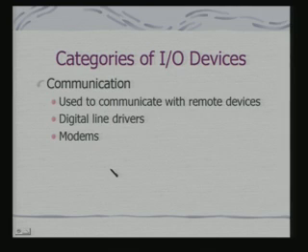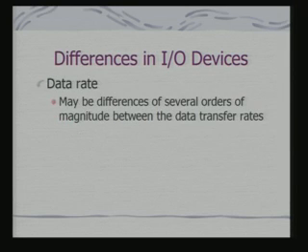So what are we looking at? We are looking at three categories of devices. Why are these categories coming in? Because of the nature of the functions that they operate, the nature of the data that they handle would be different, and accordingly the interfaces have to be designed. So, the differences really come in several orders of magnitude between what we call data transfer rates. Why is this data transfer rate important?